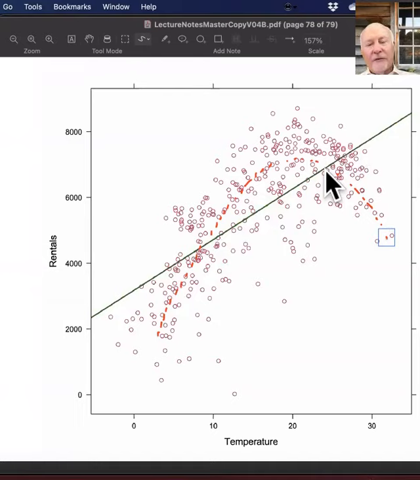Then to do your prediction, you take your predicted temperature, and you've got to do a calculation with it, a quadratic equation or something, and then you look that up on the straight line, and that will give the prediction for the rentals. Now, when I say you have to do a calculation and so on, that all gets done by software. But yes, your intuition there is absolutely correct.